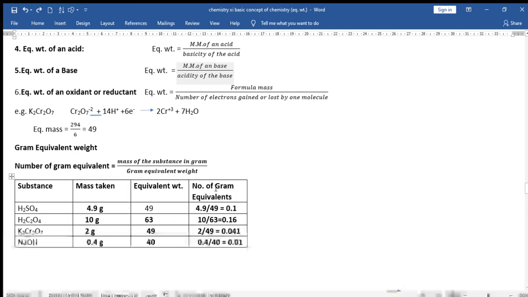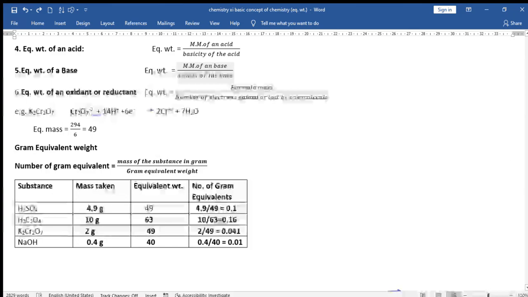Now, the next topic is the equivalent weight of an oxidant or reductant. In any chemical reaction, sometimes we can see that some electrons are gained or lost by a molecule. So if we know the number of electrons lost or gained during the reaction and we know the formula mass of that salt or compound, we can find out the equivalent mass of that oxidant or reductant.